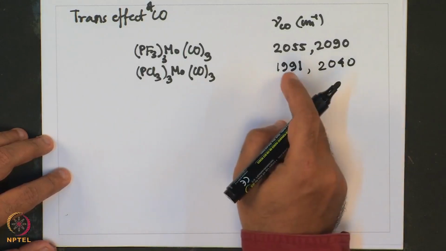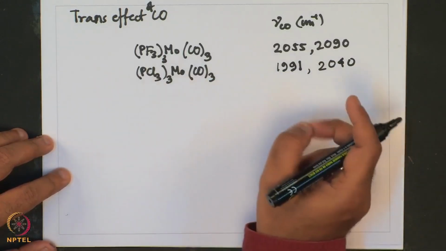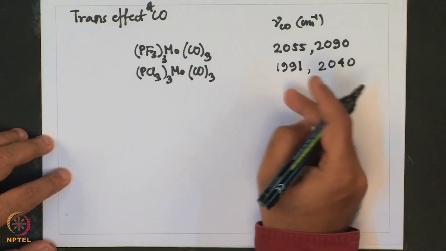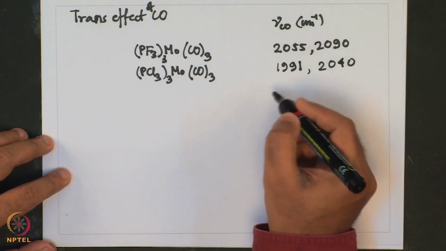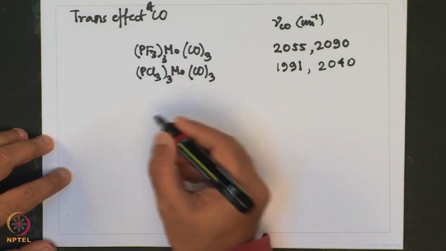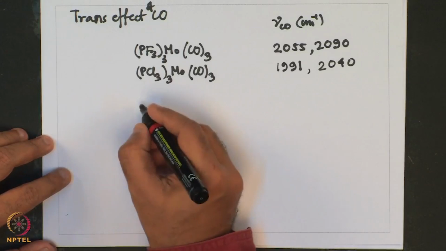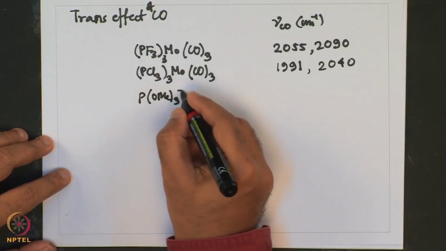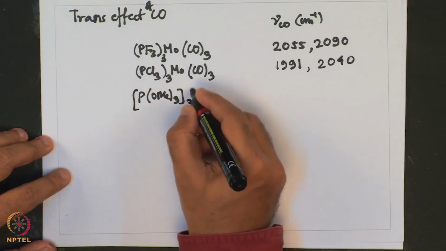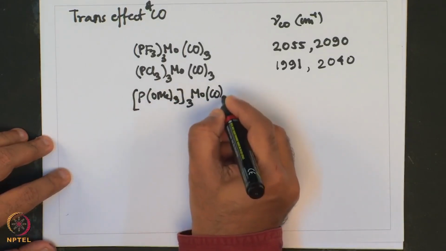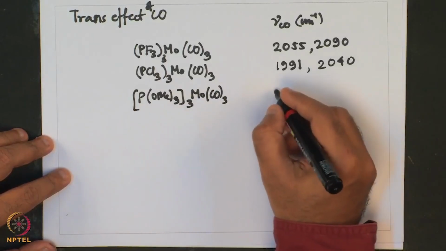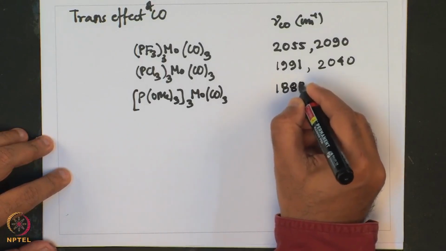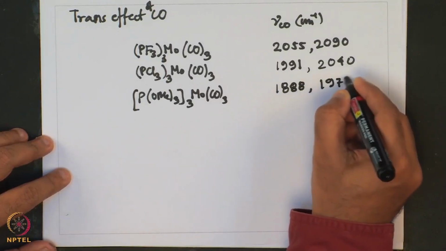Now, this 1991 is the COs which are trans, and these are the two modes depending on the combinations of the COs. Now, if one goes from PCl3 to P(OMe)3, Mo(CO)3, which is more electron rich, it goes to 1888, 1977.